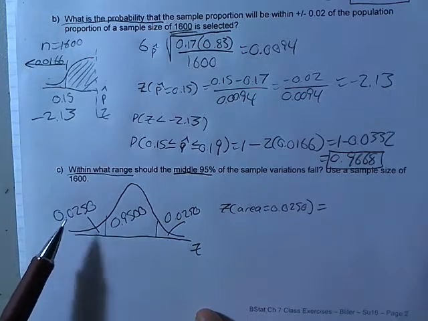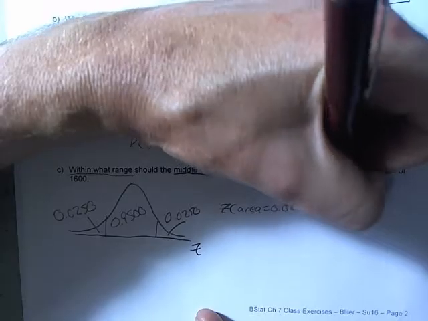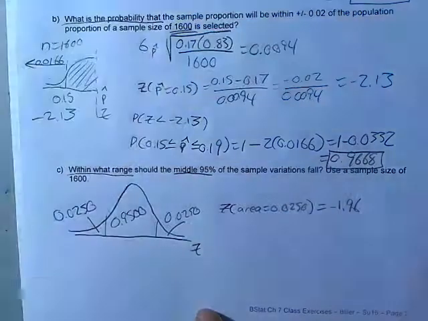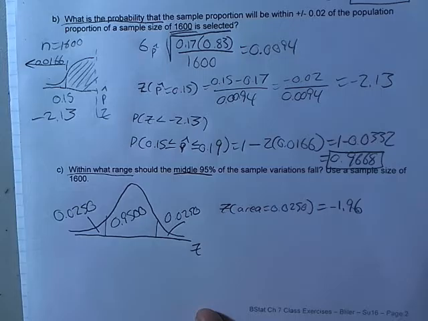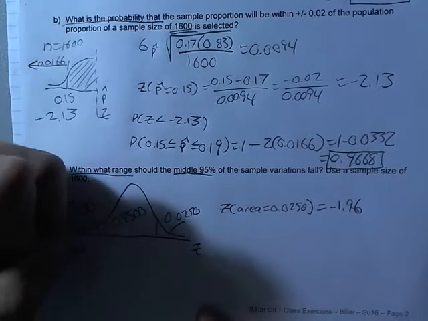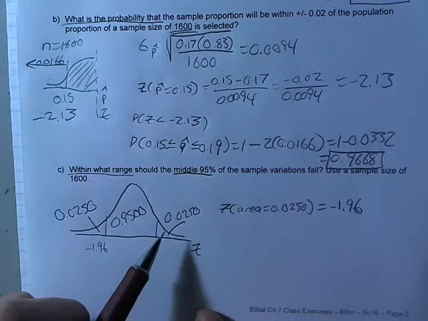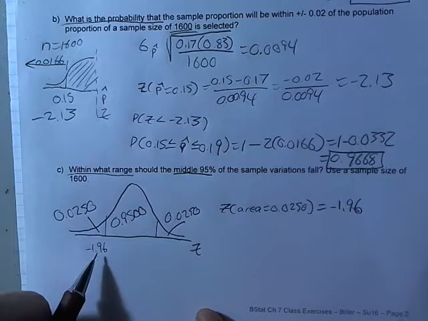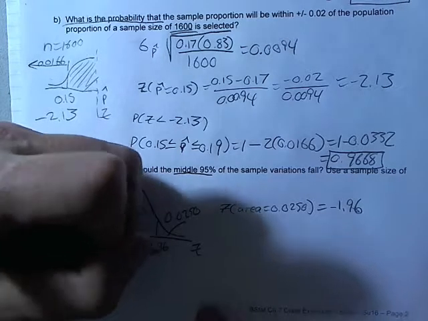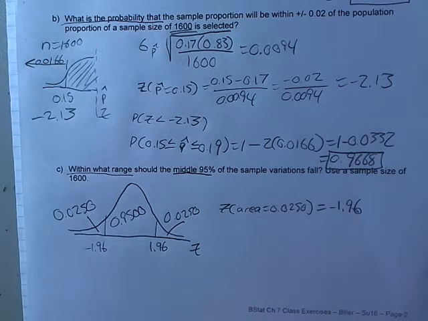A tail area of 2.5% corresponds to a z-value of, for the left tail, negative 1.96, and correspondingly for the right tail, the symmetric z-value, positive 1.96.